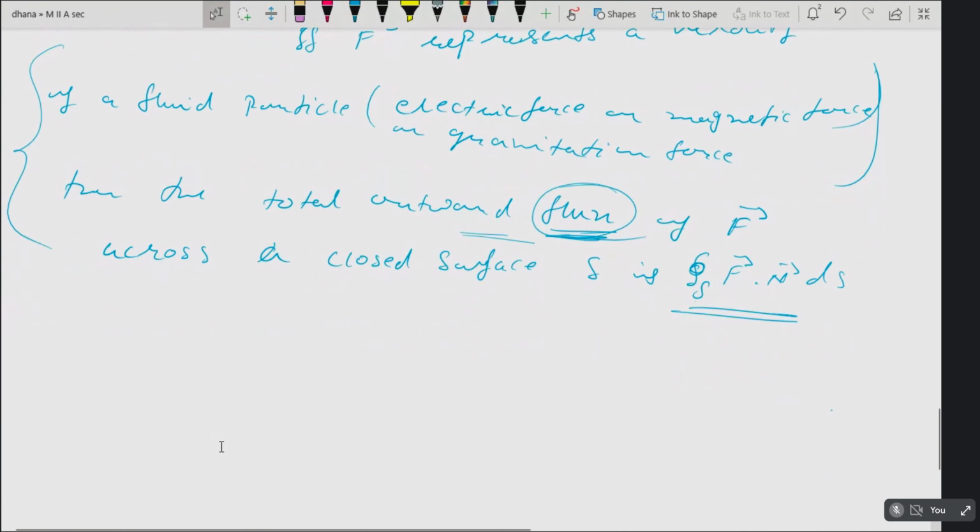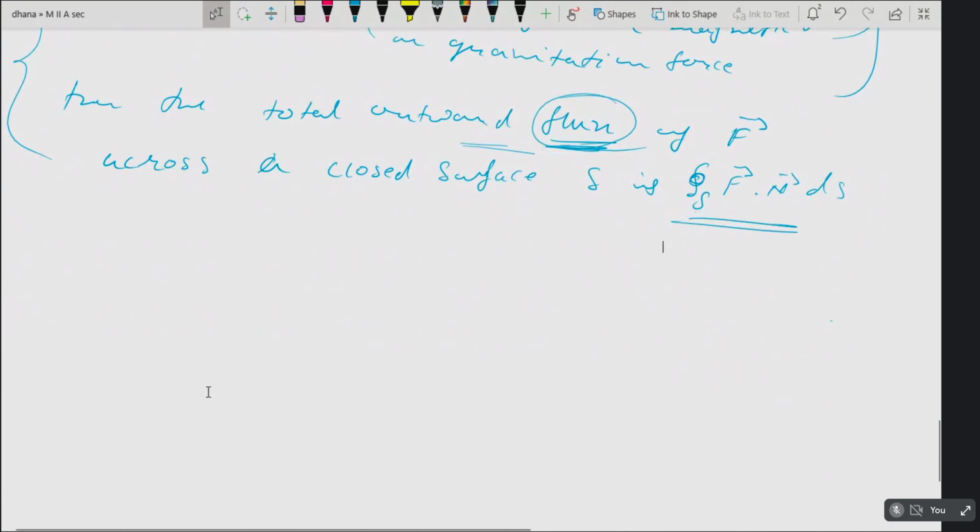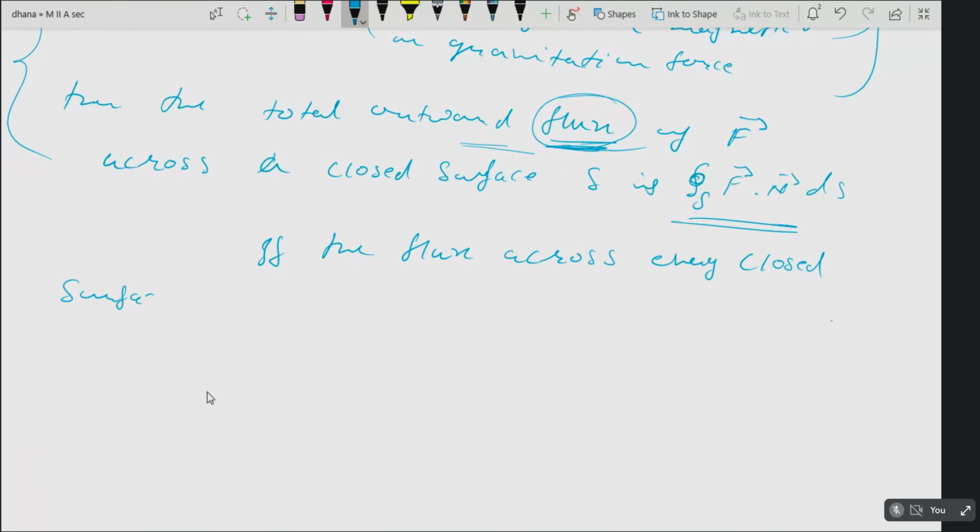Now, if the flux across every closed surface S in a region vanishes, understand the statement.